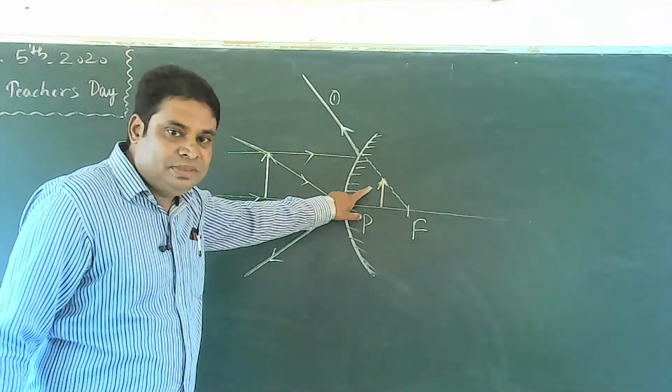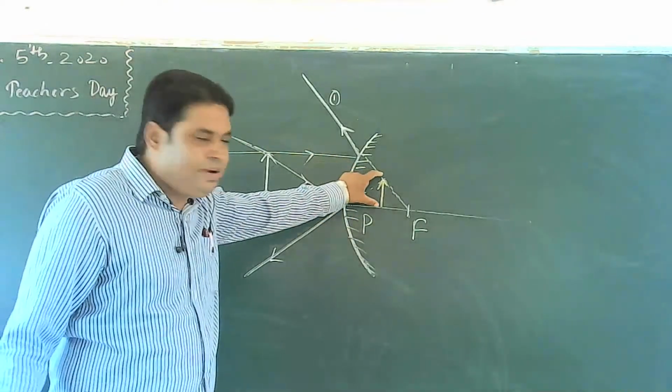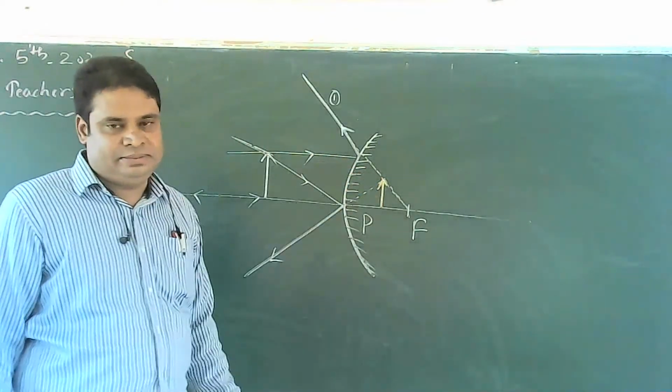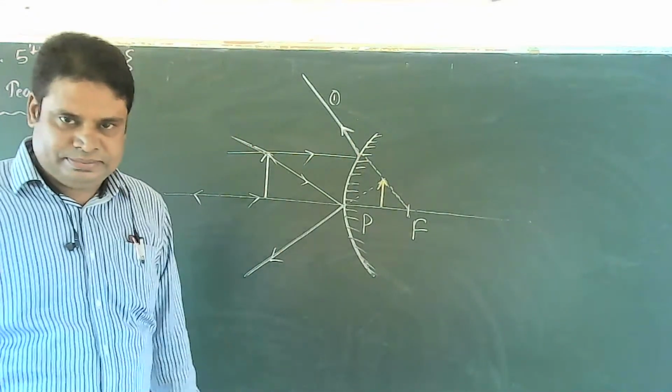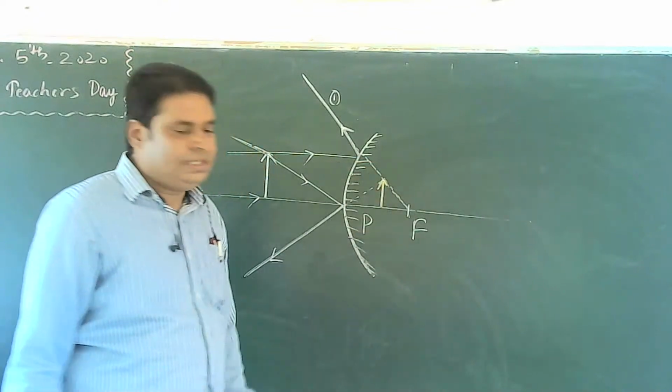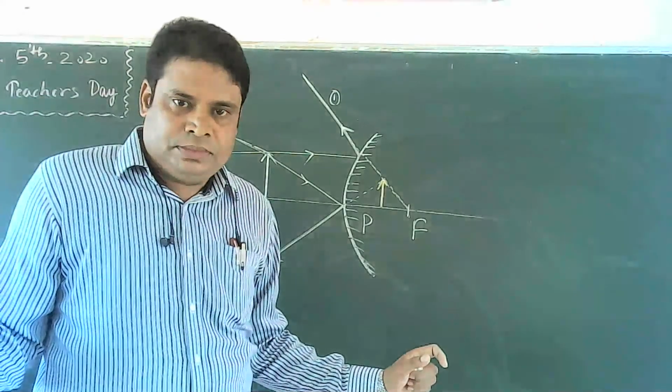The image formed here is always diminished, that is smaller, erect, straight again, and of course virtual.